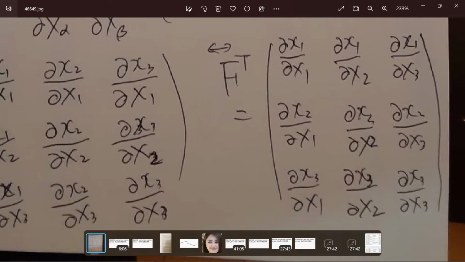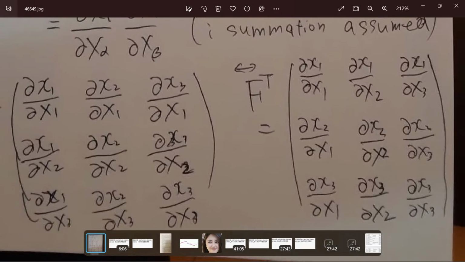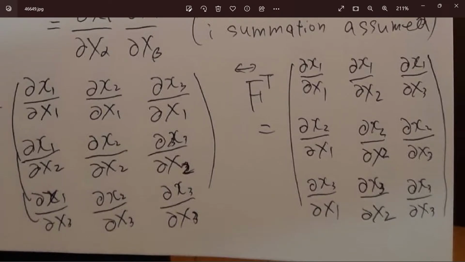And you can have F transpose. For the transpose, you put this one to this part. So partial x2, partial x1 goes here. Partial x3, partial large x1 goes here. Then partial x1, small x1, partial large x2 goes here. The middle one doesn't change position, 2, 2.